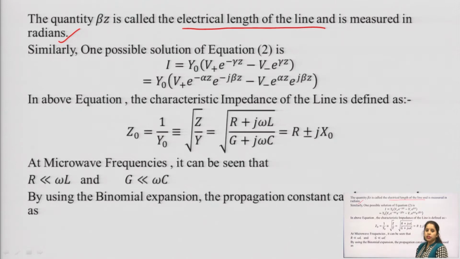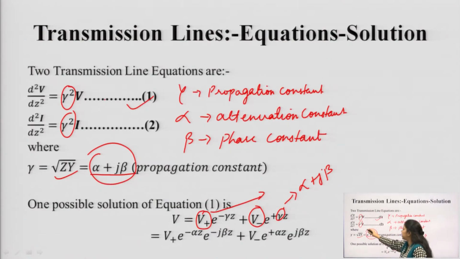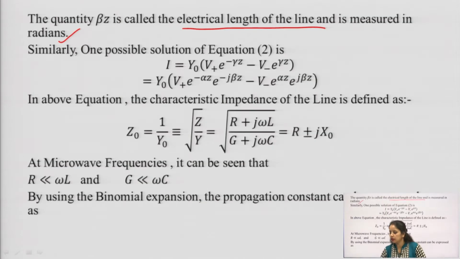The first equation we derived is in terms of voltage. The transmission line equation is also expressed in terms of current, so the possible solution of this equation is given by I equal to y naught times the bracket V plus e to the power minus gamma z minus V minus e to the power gamma z.